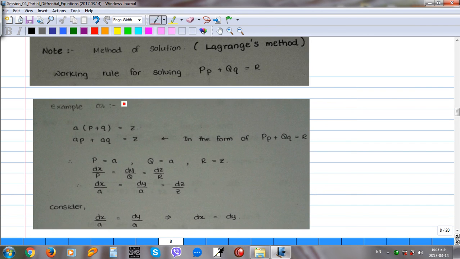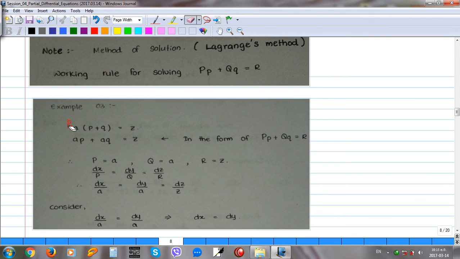Then there is a note, the method of solution for the Lagrange method. The working rule is for this form of equation, P p plus Q q equals R. We can consider this through an example. Example 3: a times (p plus q) equals z.